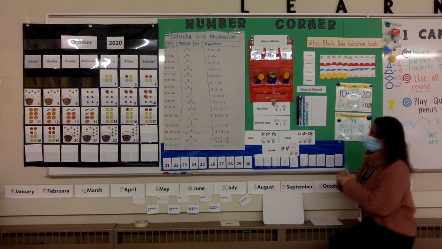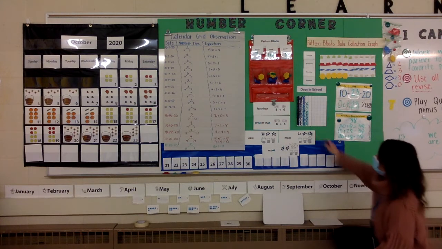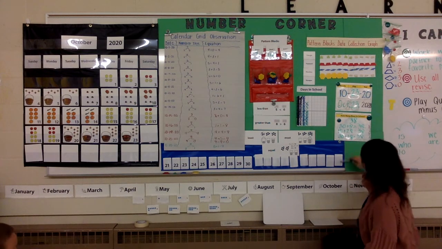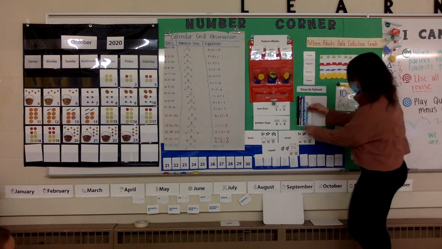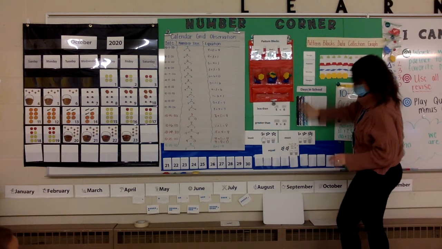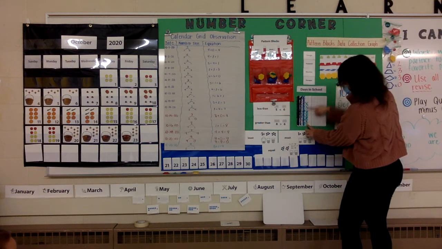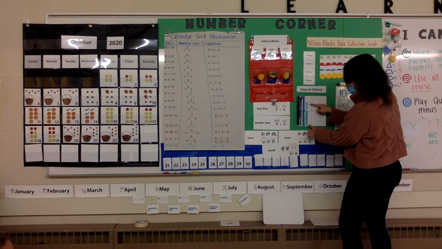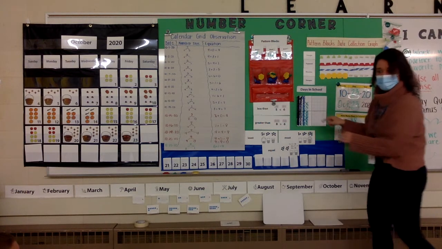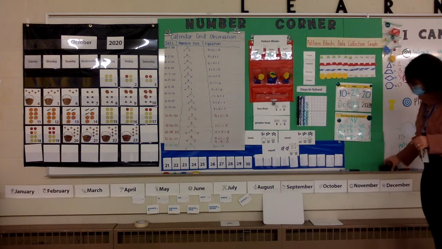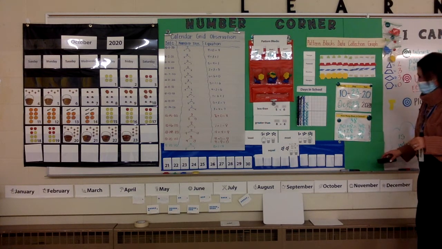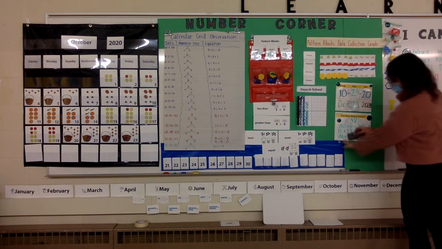You said 30, so I'm going to use this to help me. You told me 30 plus 18. Okay, here's our 30, right? 3 groups of 10. Oh, 18 would be a group of 10 and 8 more. So is that right? No. What should it say, buddy? 30 plus 8 equals. Yeah, 30 plus 8.